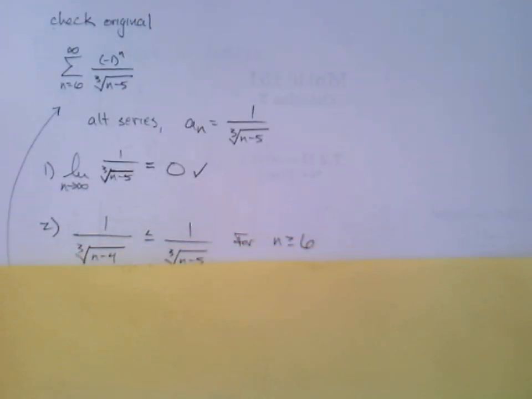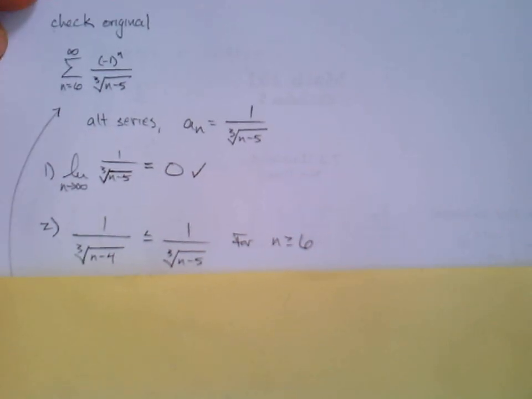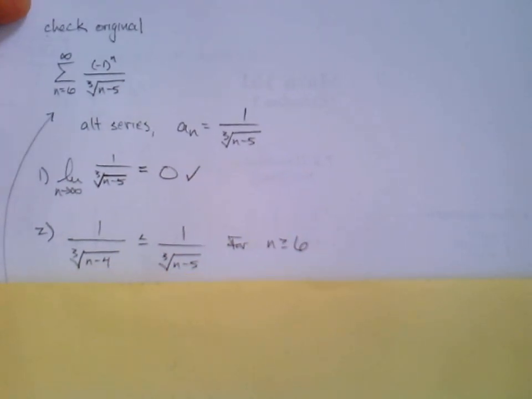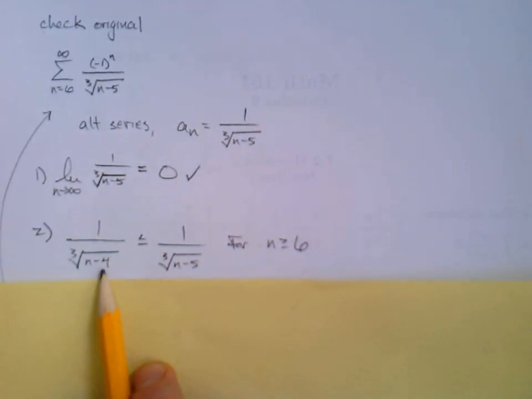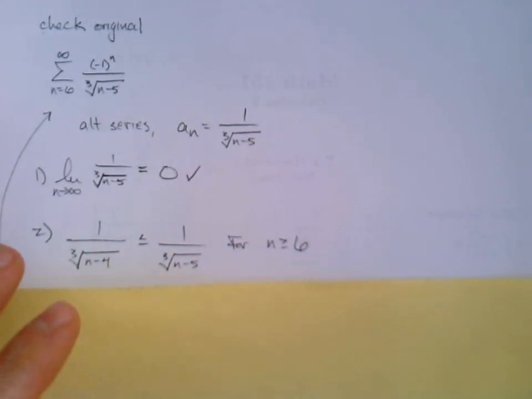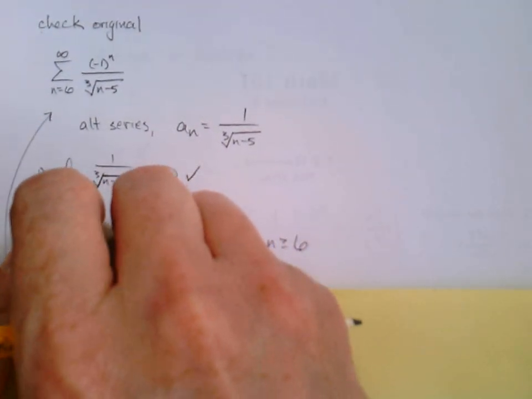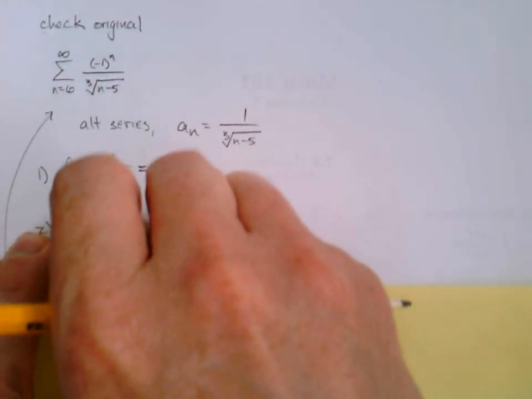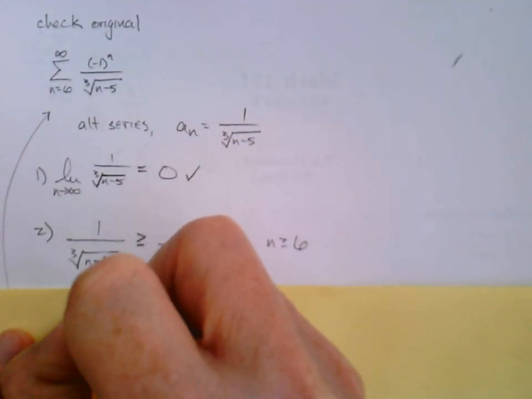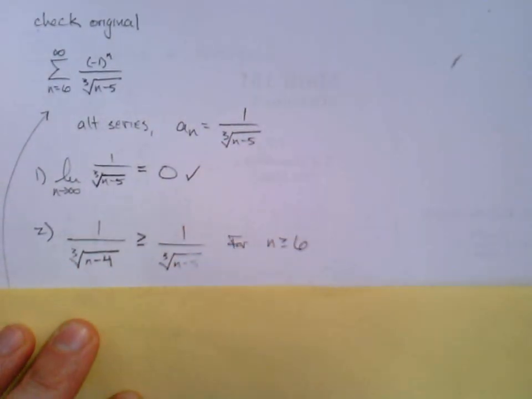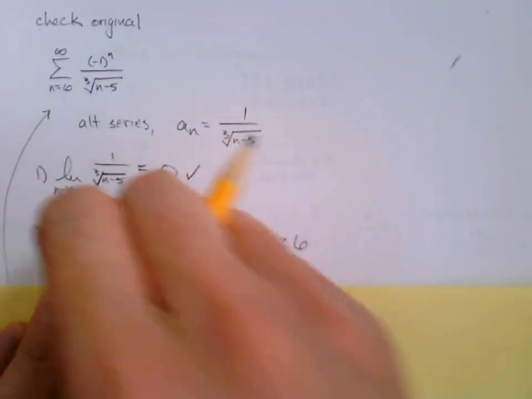Then we're going to see if the terms are decreasing, and I'm going to go about it in this style. Oh, I have this written backwards the way I normally do it, huh? My mistake. Oops, did it again.